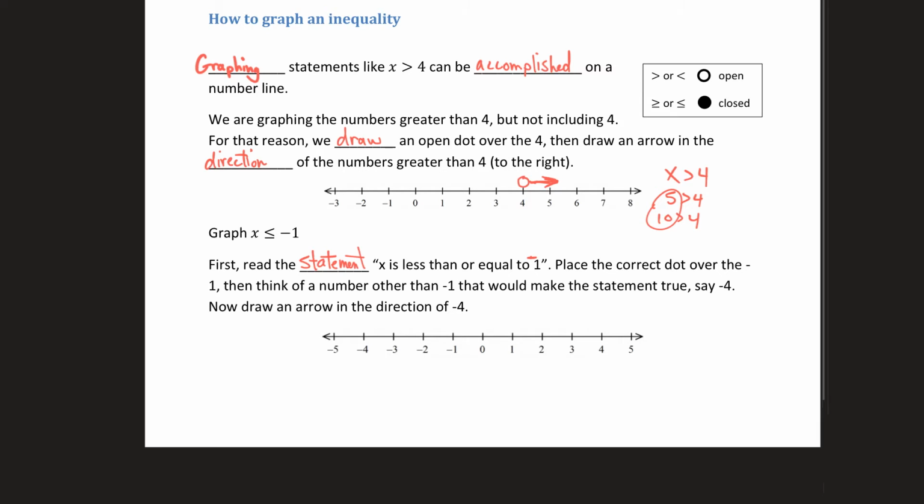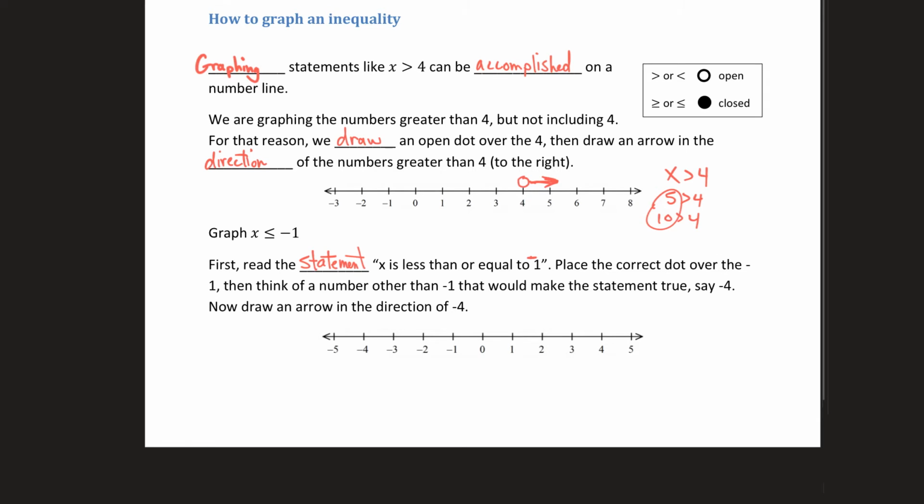So we have to place the correct dot over the -1. I have this little guide right here on the right. If we have these inequality symbols, that would be an open dot. And if we have the extra line there, it would be a closed dot, which means it's equal to also, or could be.